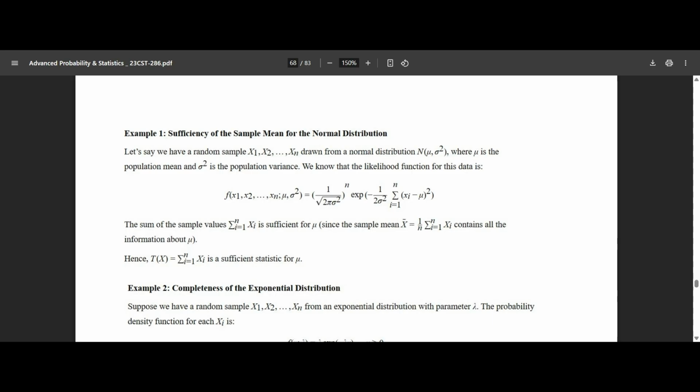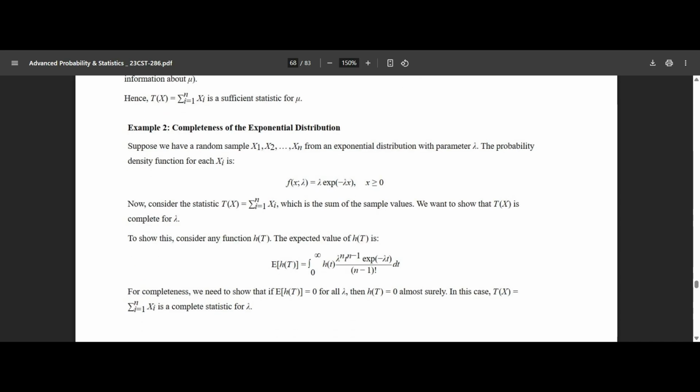Why? Because the sample mean is already containing all the information about the population mean, right? We have a term for the sample mean this side. So it already contains all the necessary information for the population mean. Hence, T(X), that is the estimator, is a sufficient statistic for mu, that is the population mean.